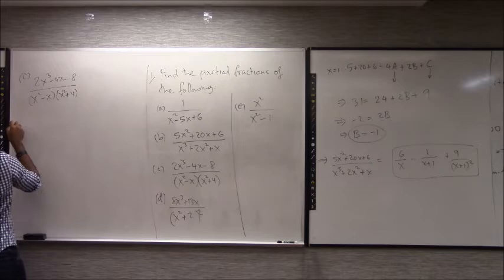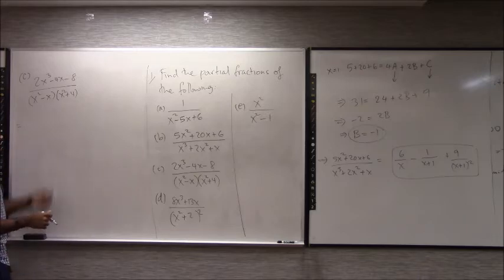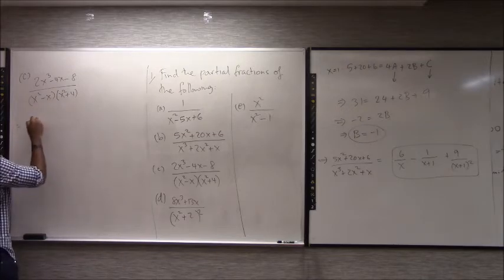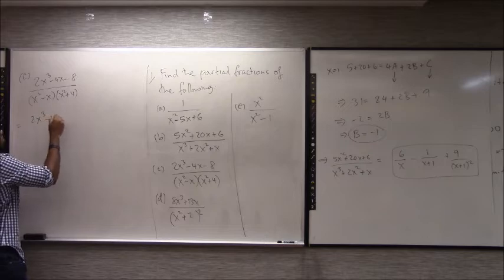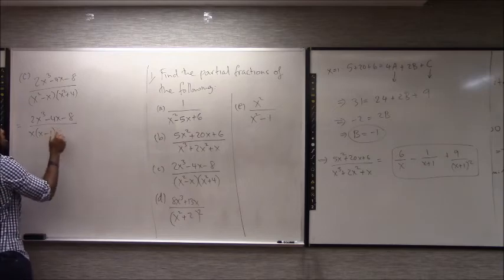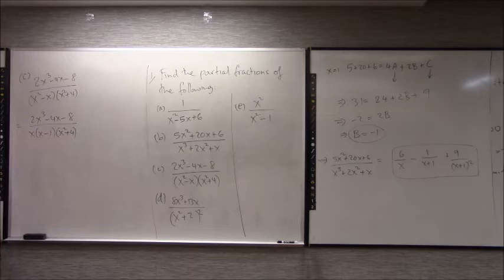So what do we do here? Factor the denominator. In the beginning, it might seem to you like it's fully factored, but it's not. There's a common term of x here. That's why when I say factor the denominator, I put fully and put an exclamation sign, because if it can be factored further, you definitely want to do it.